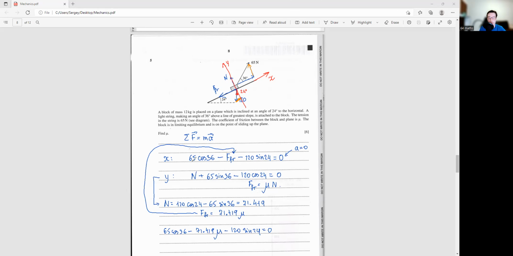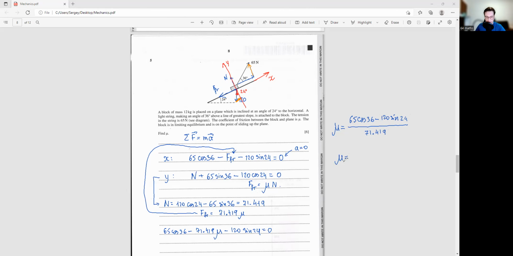And from here we can find mu. So mu equals 65 cosine 36 minus 120 sine 24 over 71.419.